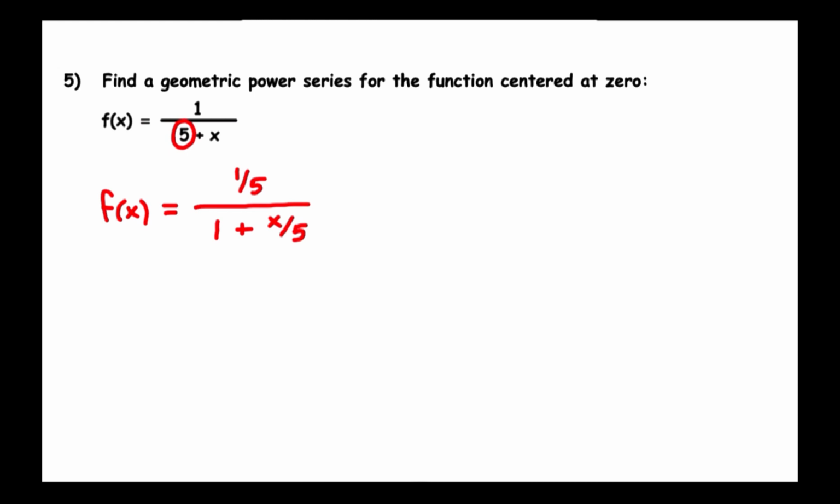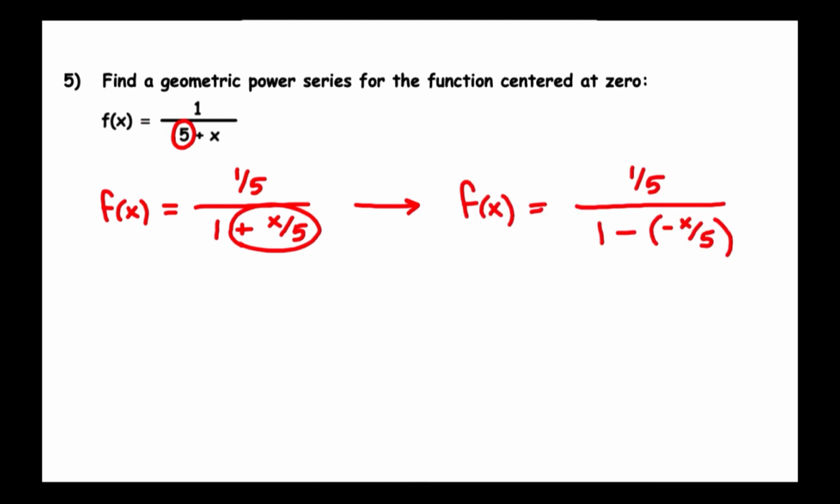So I'm going to change this plus x over 5 to minus negative x over 5. Let's do that over here. All right, excellent. That means that term 1 will be 1/5. And the r will be the negative x over 5. So I'm ready to write my summation.